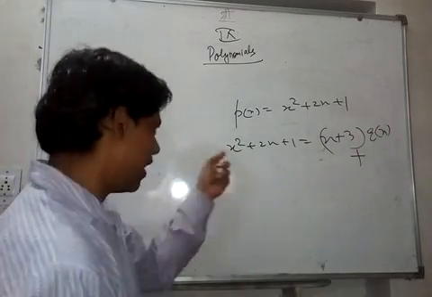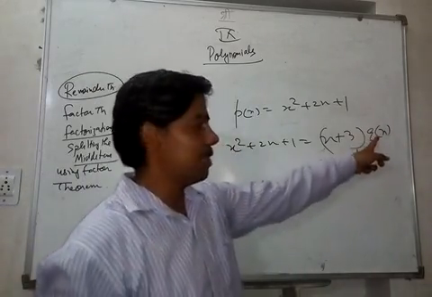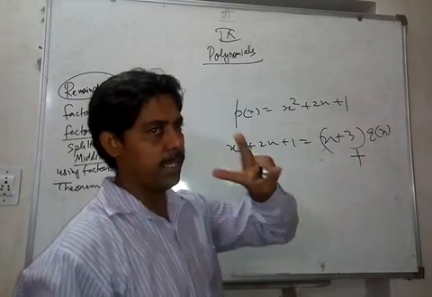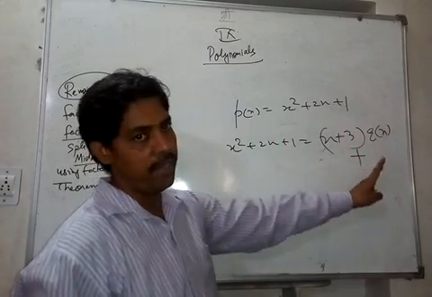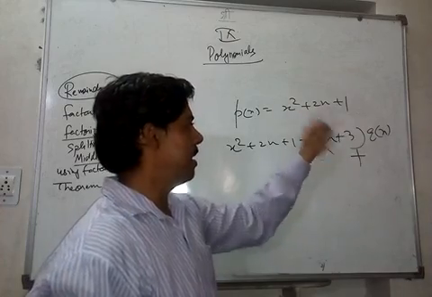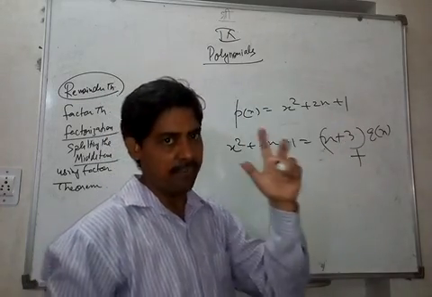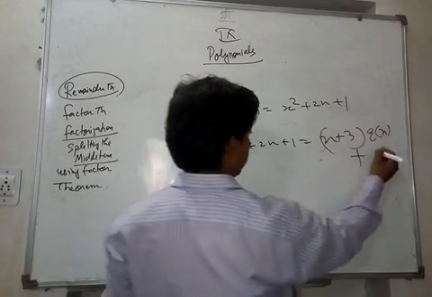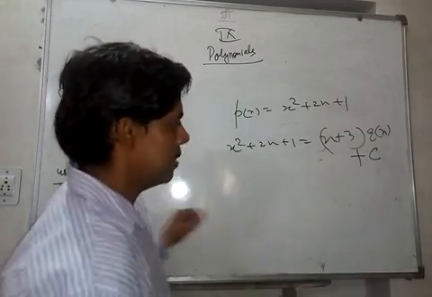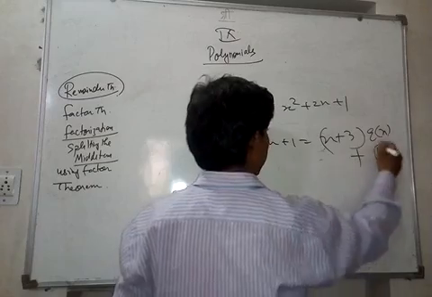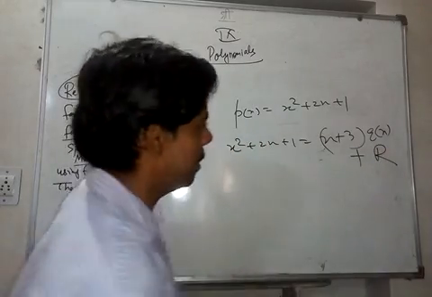Since this is a quadratic polynomial, q of x will be linear, and linear into linear is quadratic. So degree is already 2, and the remainder will be of degree less than that of x plus 3, that is, a constant value. So this will be some constant, say c, or we can just write the constant as r. That r is the remainder.